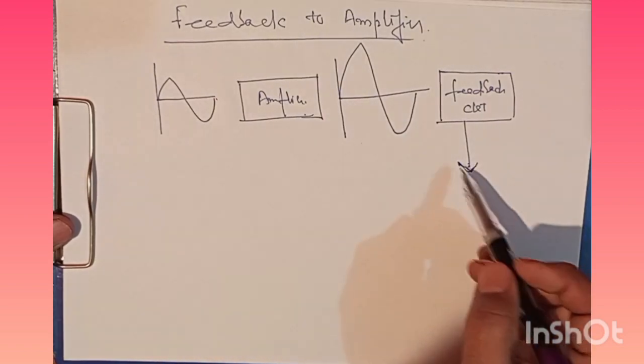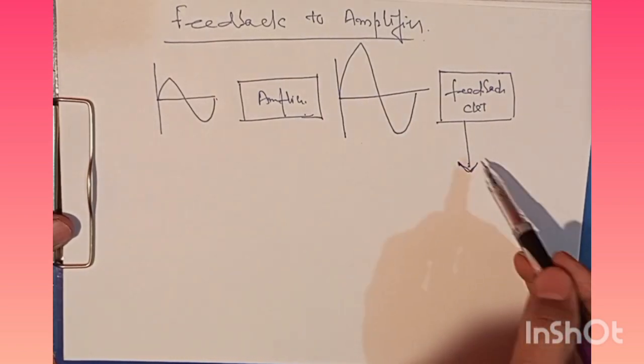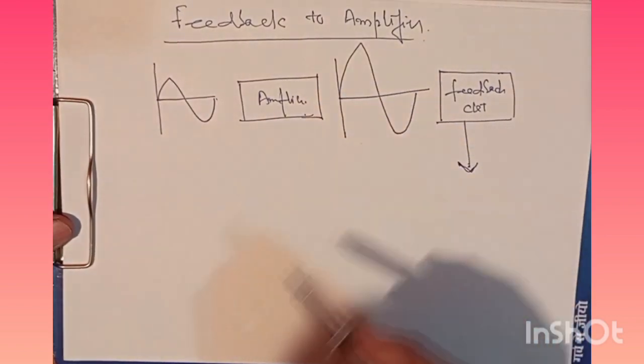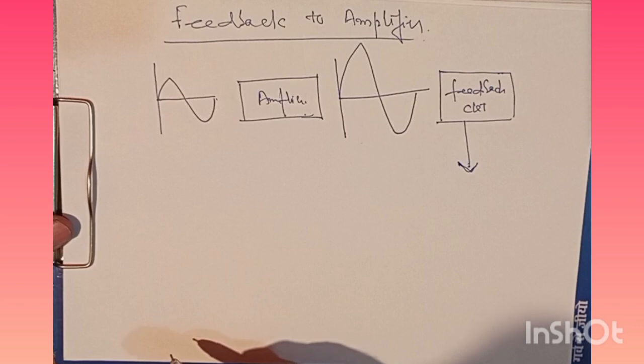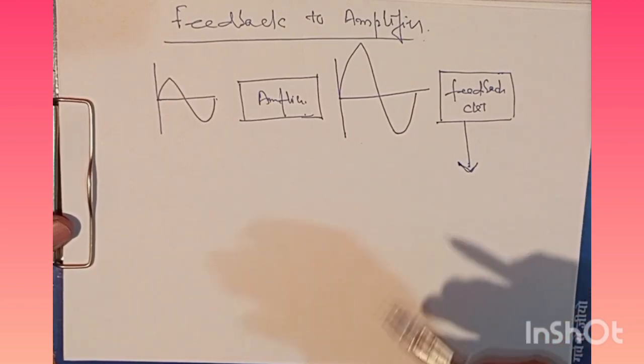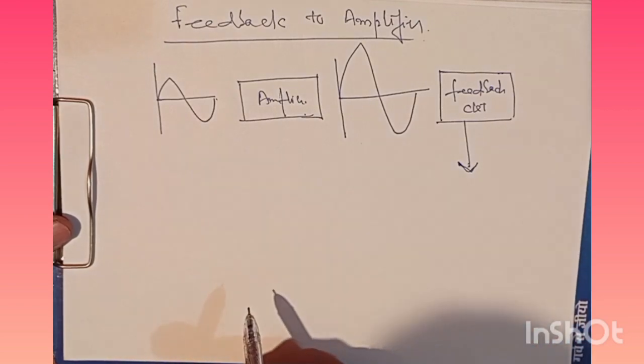And if the output signal that we obtain here is out of phase with respect to this signal, then we call it negative feedback to the amplifier.